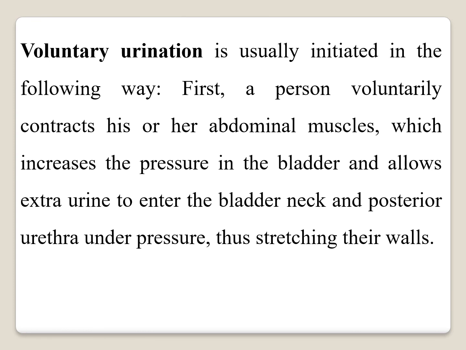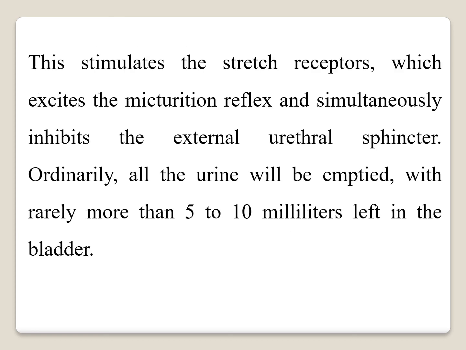Voluntary urination. When the person decides to urinate voluntarily, it is usually initiated in the following way. First of all, a person voluntarily contracts his or her abdominal muscles, which leads to an increase in the pressure in the bladder and allows extra urine to enter the bladder neck and posterior urethra under pressure, thus stretching their walls.